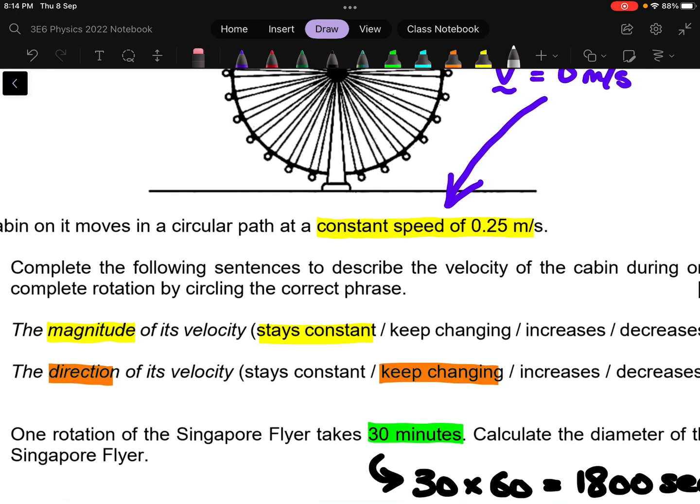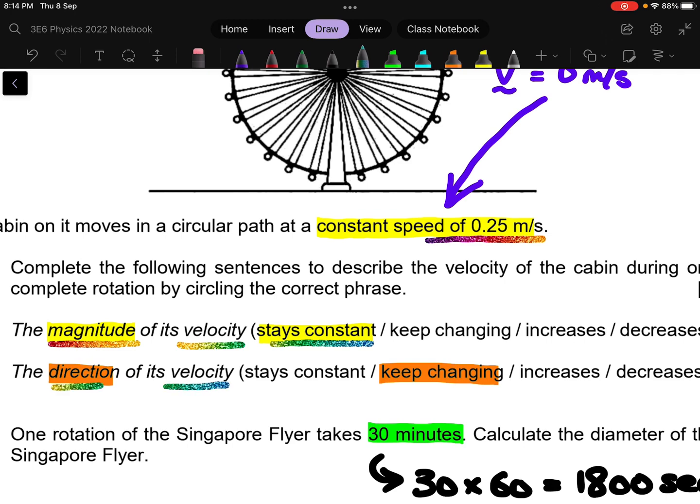As a result, the magnitude of the velocity will always be constant, because the magnitude of velocity is given by speed. It will always stay at 0.25.